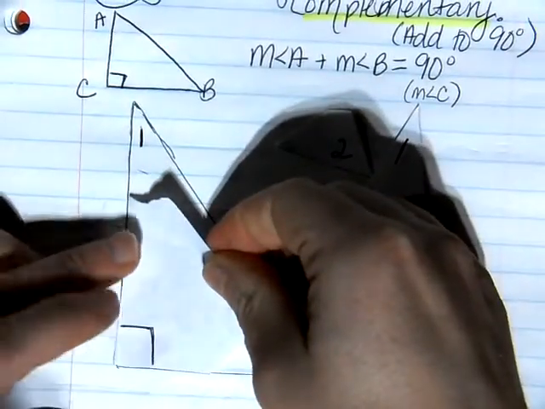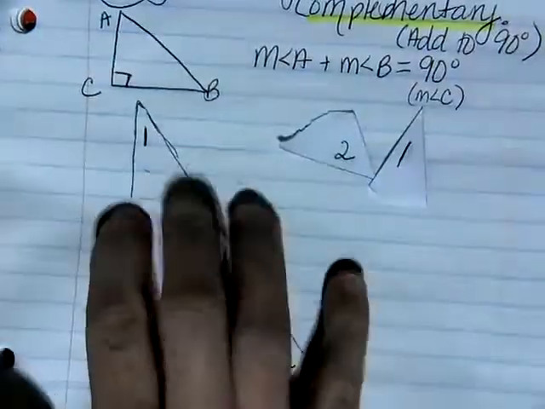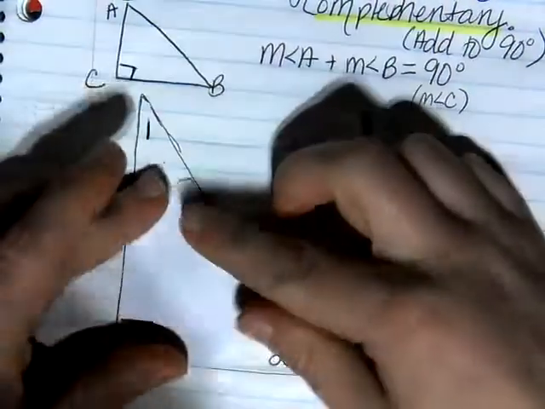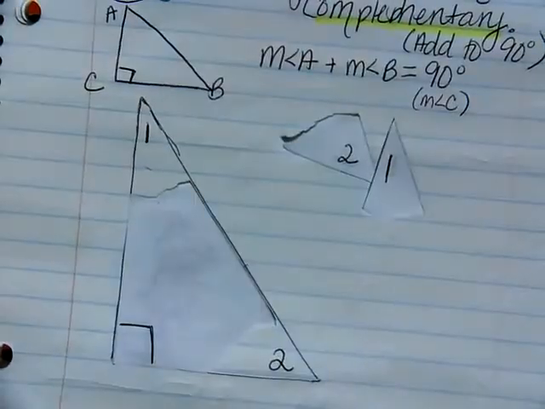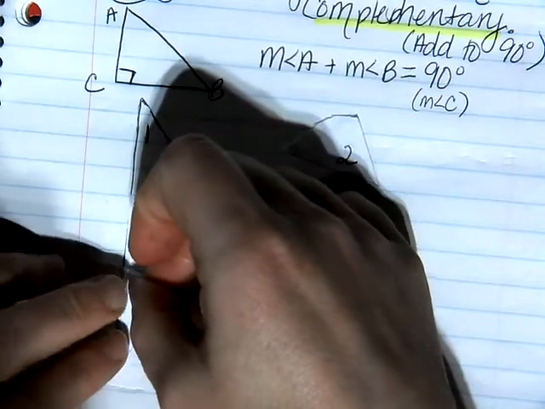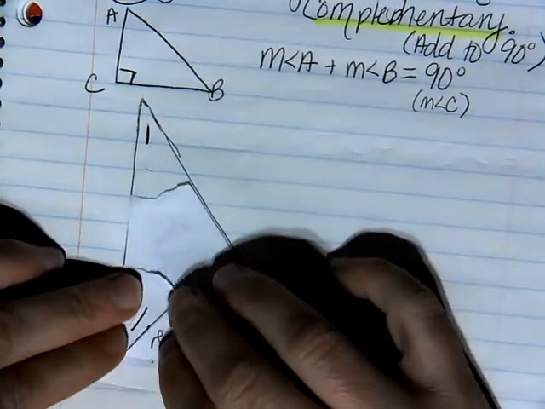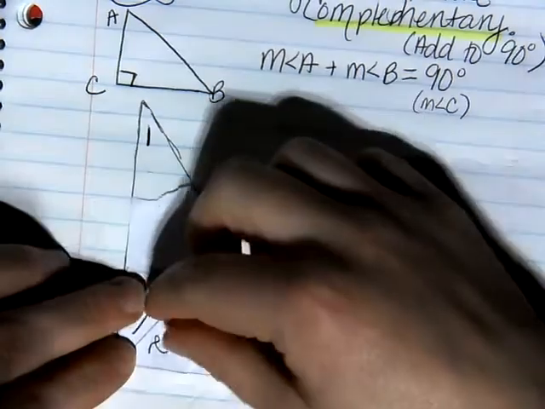So you want to make sure that you're pasting it to the very best of your ability back onto your triangle. And please go ahead and manipulate the angles so that they match up and together add to equal 90 degrees.